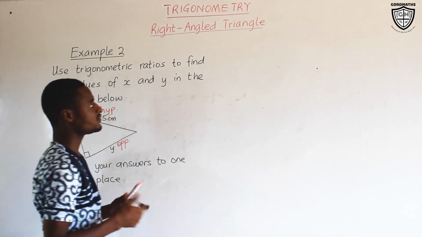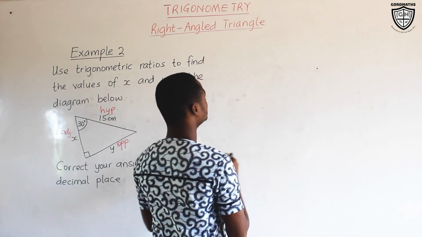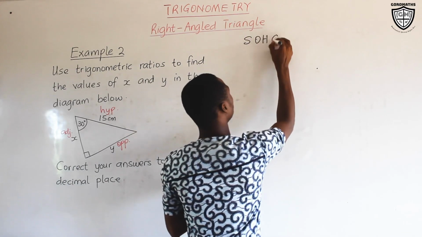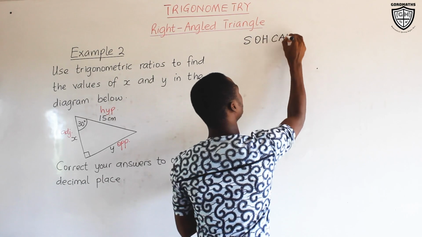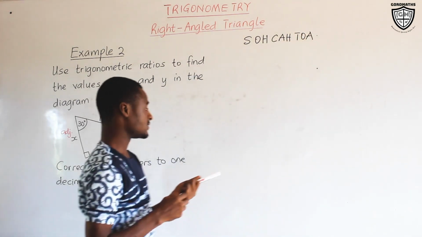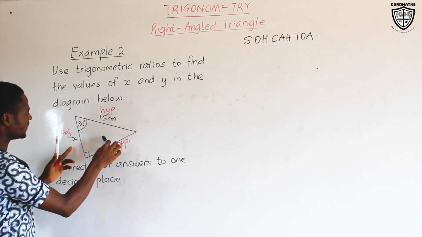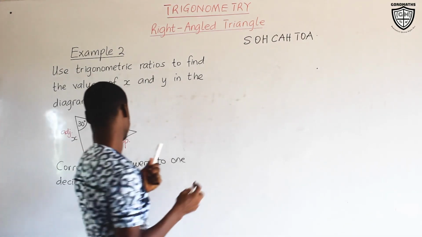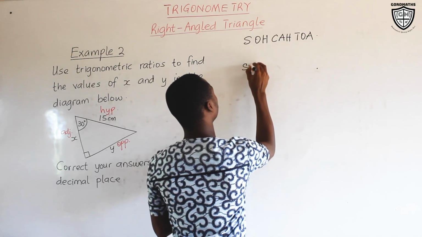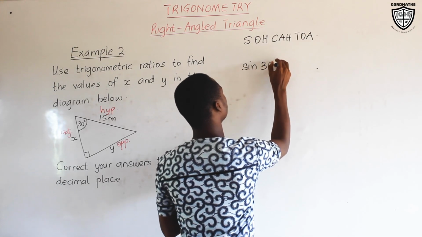The trigonometric ratios are the sine which is opposite over hypotenuse, cos which is adjacent over hypotenuse, and tan which is opposite over adjacent.